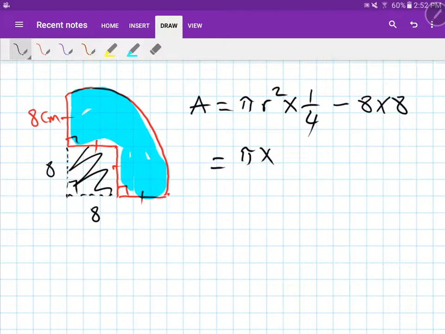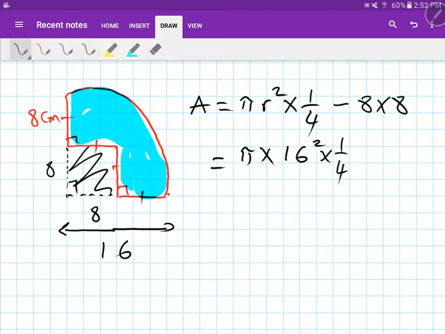Which is 16, right? Because from here to here is 8, add another 8, which is 16. Got that? So you times by 16 squared, and you times by 1/4 of it, because only 1/4 of the circle. And then you minus 64, or 8 times 8, doesn't matter, 64.